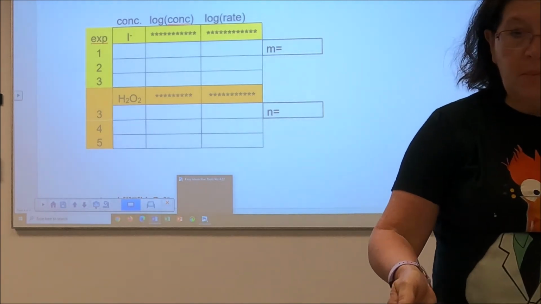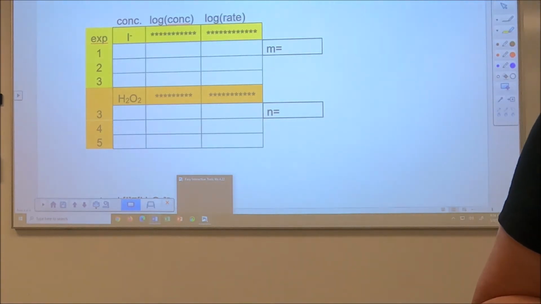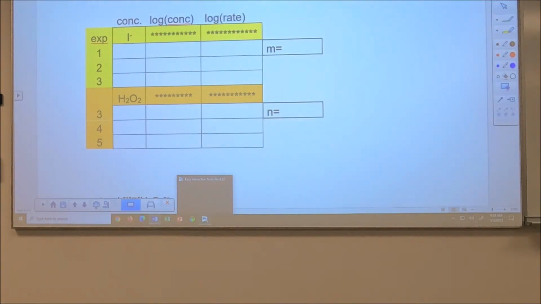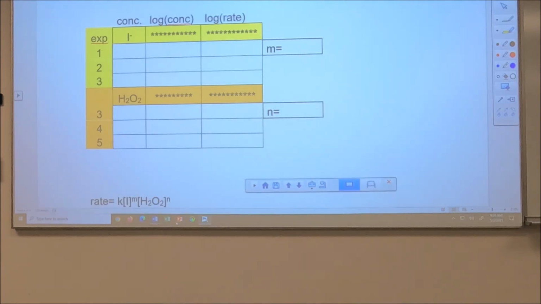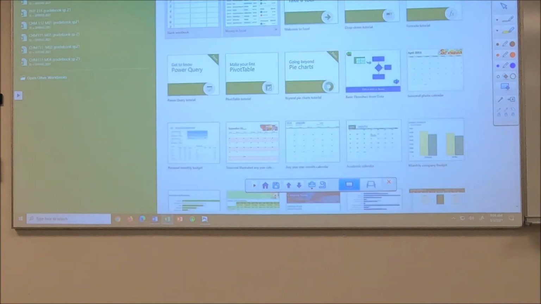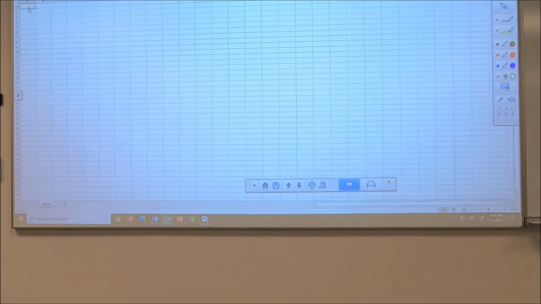Okay, now I'm going to put some graphs up so that you can see it. So, the first column is going to be your concentration of iodine. So my first one is minus 1.82, and then maybe it's minus 2.35.